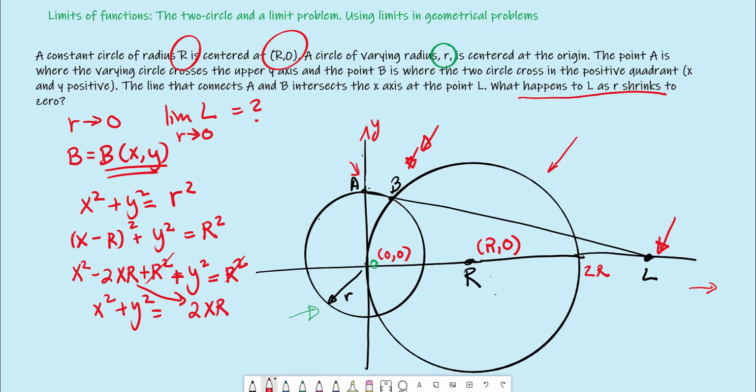So now we have a similar form for these two equations, and we can use that similar form. We can write that x squared plus y squared equals 2xR, but it also equals lowercase r squared, from this equation.